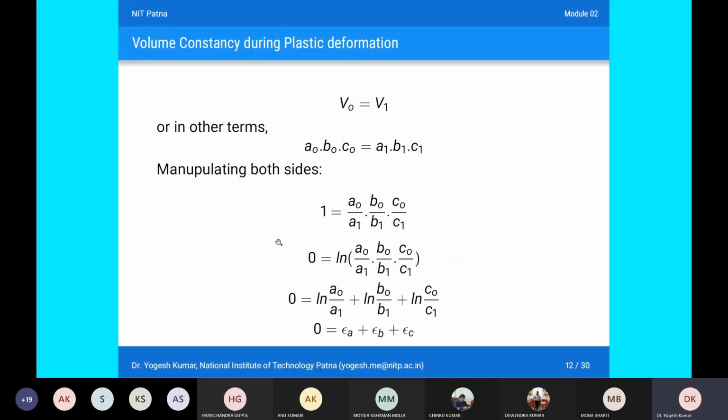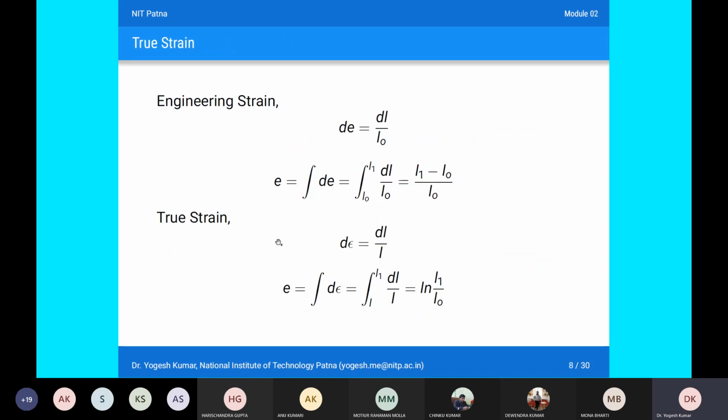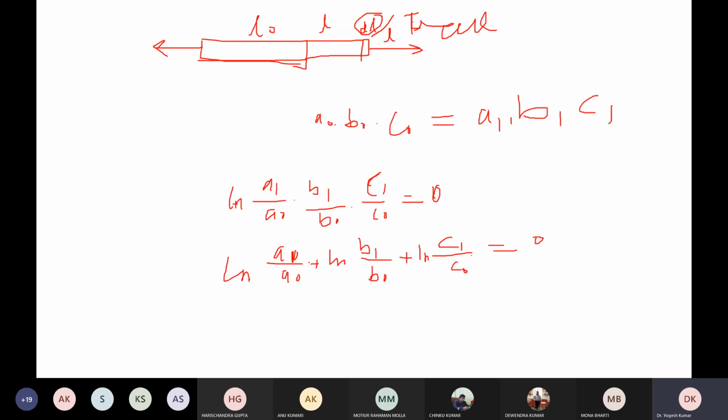Let us try to see how we calculated your true strain. It is natural log of L1 upon L0. Okay. So we can say that the strain, in the case of considering your volume constancy, will be epsilon A, that is in the x direction, plus epsilon B, plus epsilon C is equal to 0.